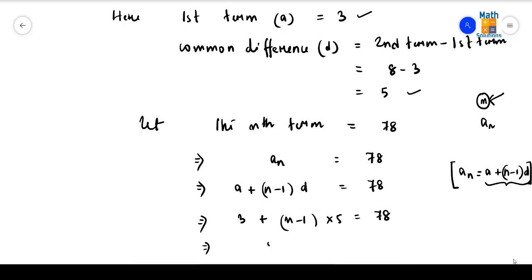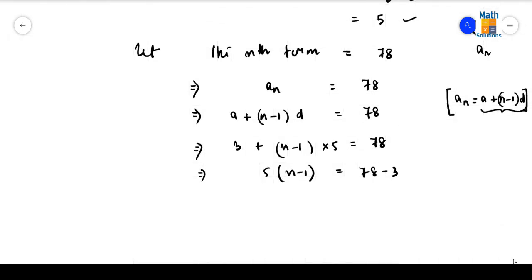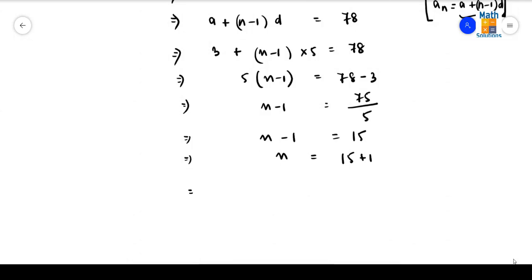So 3 will be shifted to the opposite side, 78 minus 3, that will result in 75 on the right hand side, and then this 5 I can shift to the opposite side, like 75 by 5, and the result will come as n minus 1 is equal to 15. So n is equal to 15 plus 1, and the value for n I shall get as 16.